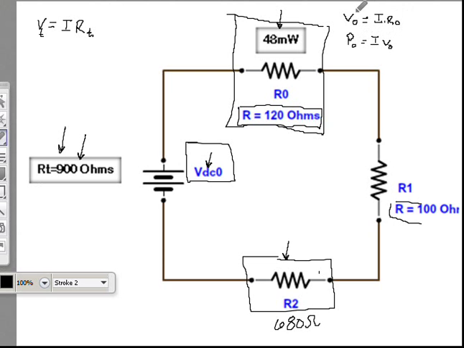Well, just looking here, I've got an equivalent for the voltage at R0 that I can substitute, so I can say the power at R0 is also equal to the current squared at R0 times the value of R0.